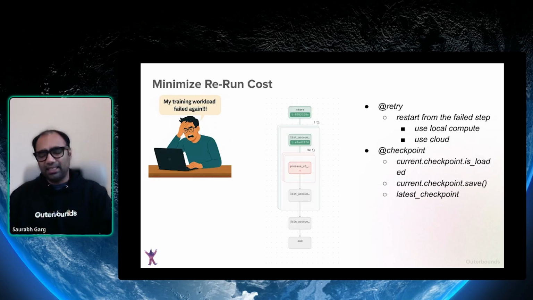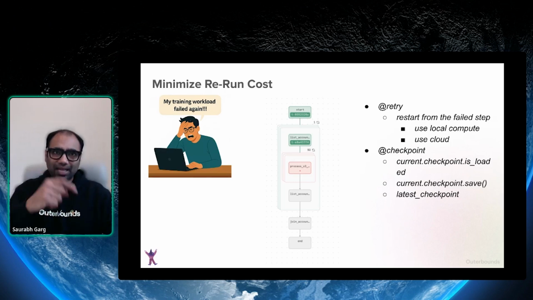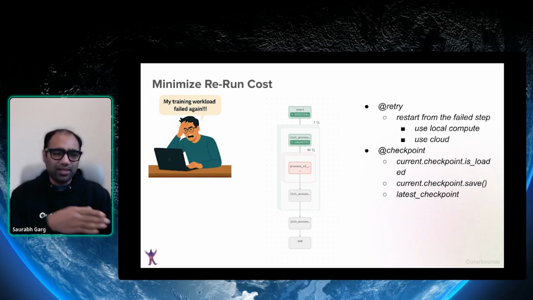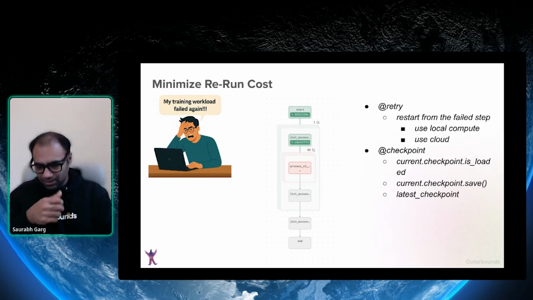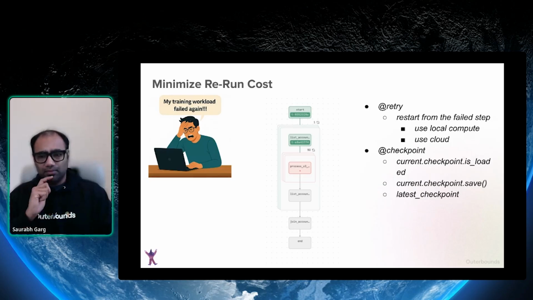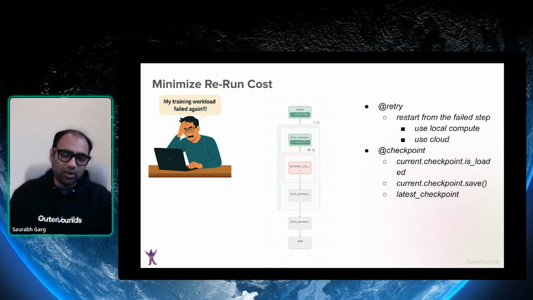You might want to save your state at each of those epochs so that if the step eventually fails at epoch 20, all the intermediary states have already been saved. And when you restart, you're not restarting at epoch 0, you're starting at epoch 20. It comes with a very straightforward API: current.checkpoint is loaded and or save, and latest checkpoint.